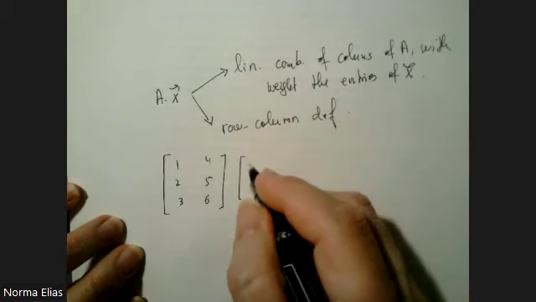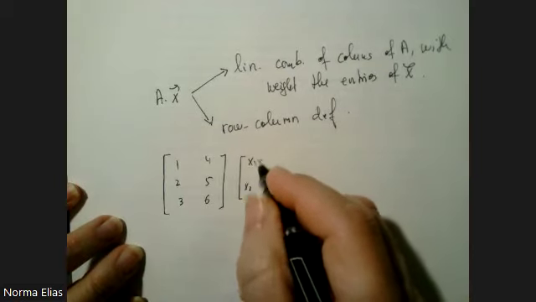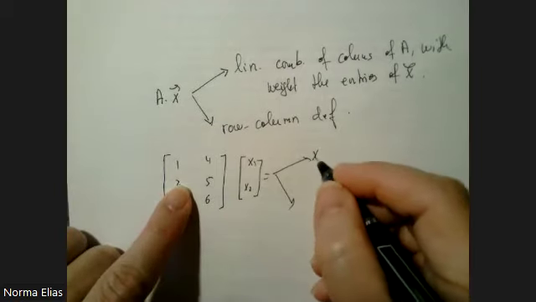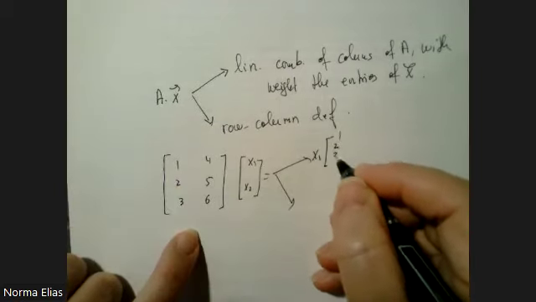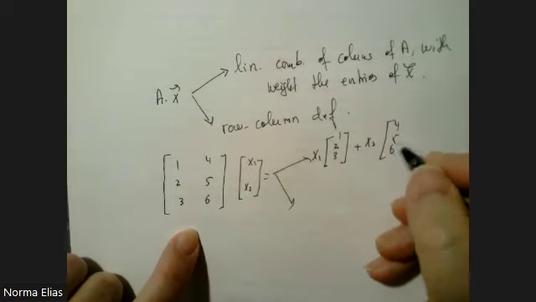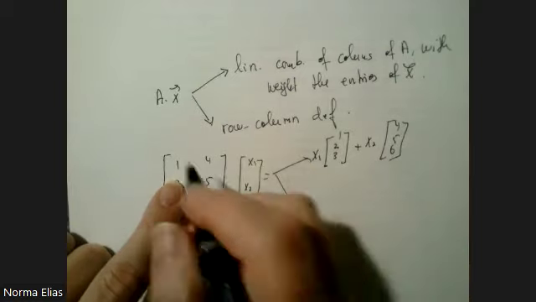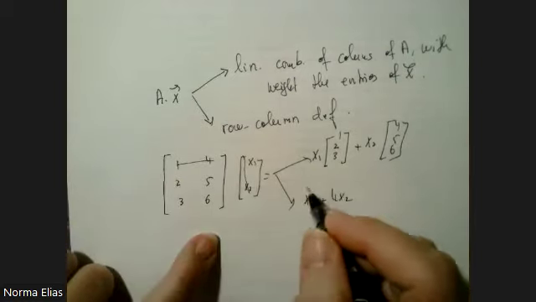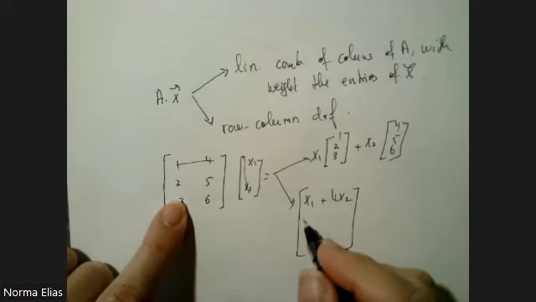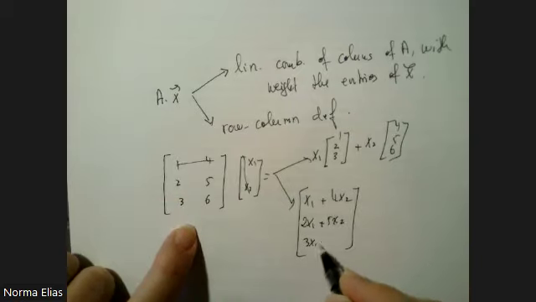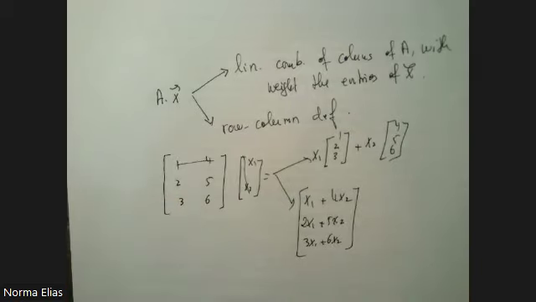If I multiply them by x1, x2, the product is either x1 times (1, 2, 3) plus x2 times (4, 5, 6), or by row column: x1 plus 4x2, 2x1 plus 5x2, 3x1 plus 6x2. And we will be going back and forth between those two notations.